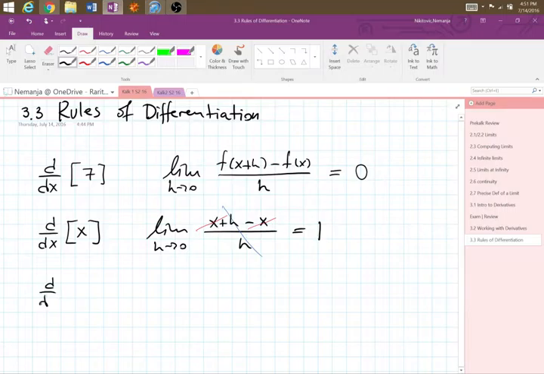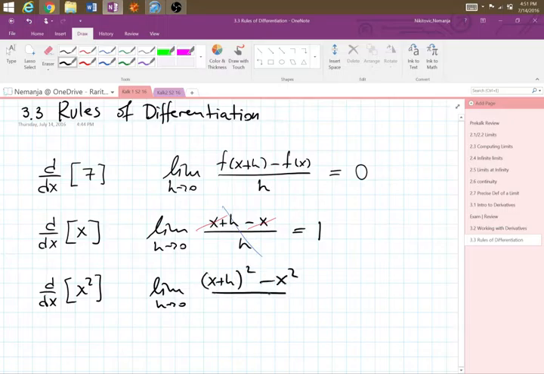If we try to do the derivative of x squared, we would have the limit as h goes to 0 of x plus h squared minus x squared, divided by h, and this is the one where we actually do the work.